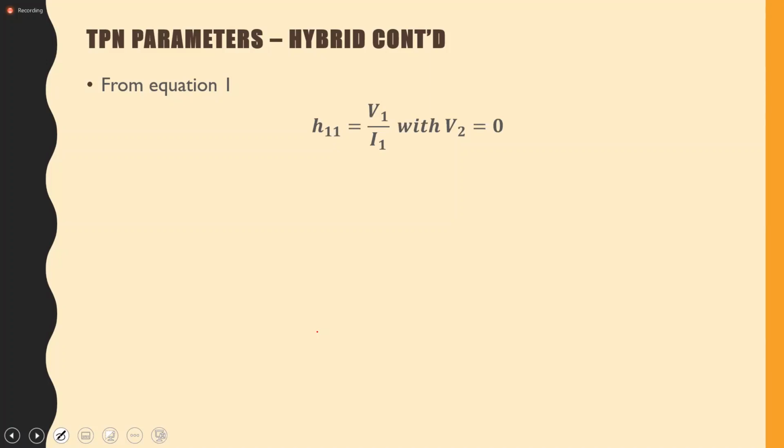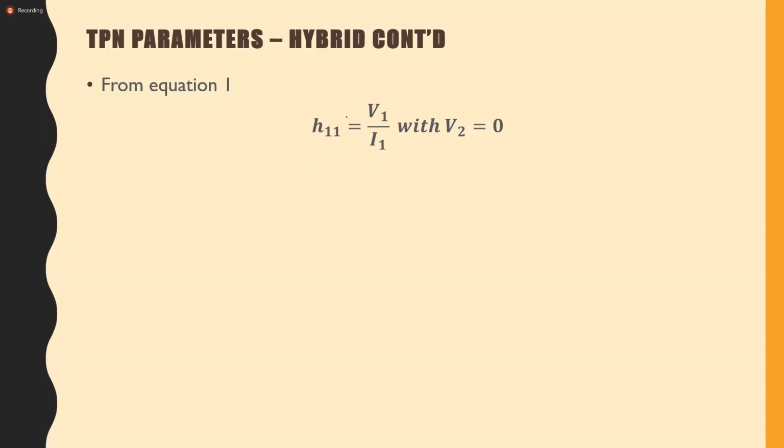Now, based on the naming that we had done so far, what would be the name given to H11? Just by virtue of what you have learned so far, what is H11? Anybody? Or do I have to start calling names again? Sir, I think it would be the short circuit input impedance.